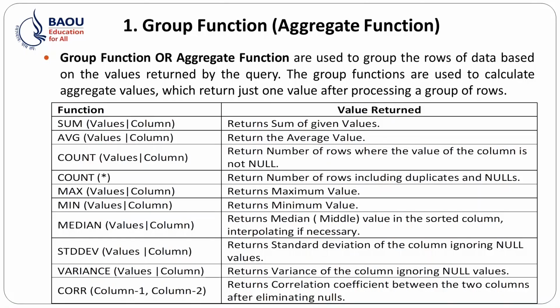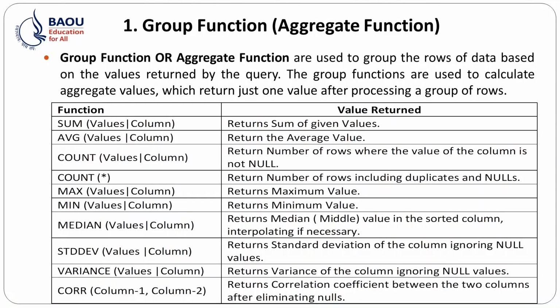Sum is used to return the sum of the given values. The average is used to return the average. Count is used to count the number of values without null. This count does not include the null value, but count star includes the null and duplicate values and counts the number of values.